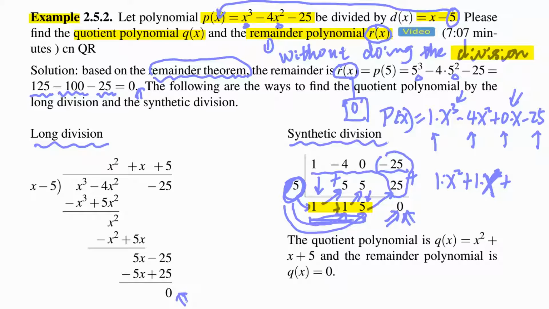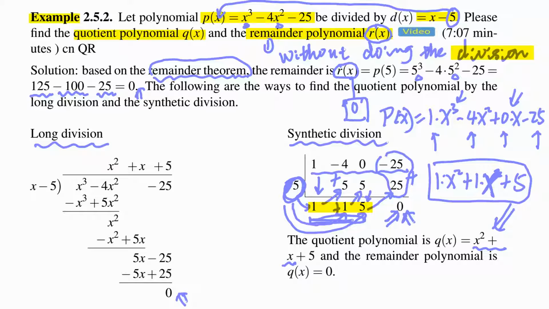Going down: 1 times x squared, 1 times x, and then 5 is a constant. So this will be our quotient, which is exactly right here. 1 times x squared is x squared, so you do not have to write 1. 1 times x is x, so you do not have to write 1 in front of x.